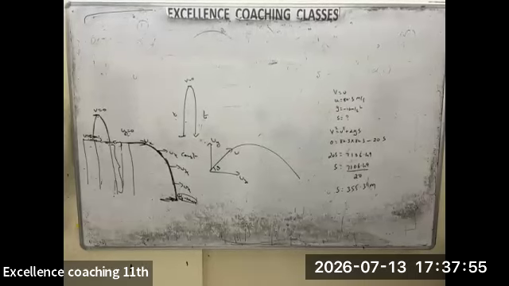What is the direction of acceleration during the upward motion of the ball? Very good. What is the velocity and acceleration of the ball at the highest point of its motion? Acceleration is 10 meter per second square or 9.8 meter per second square, downward.